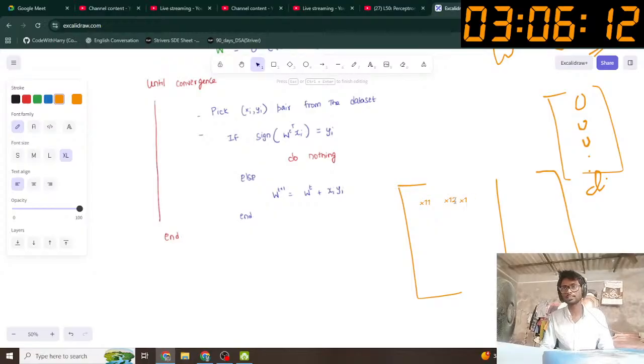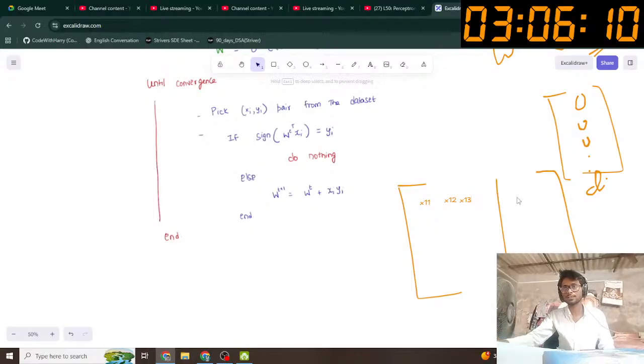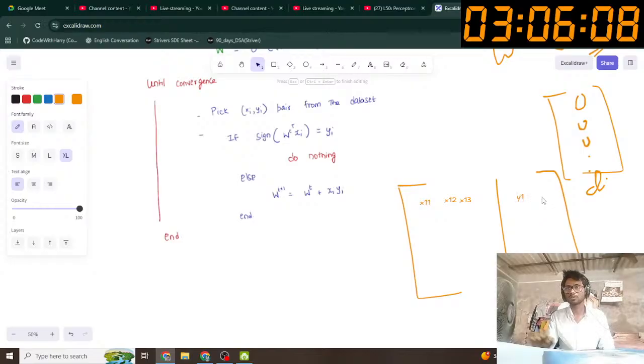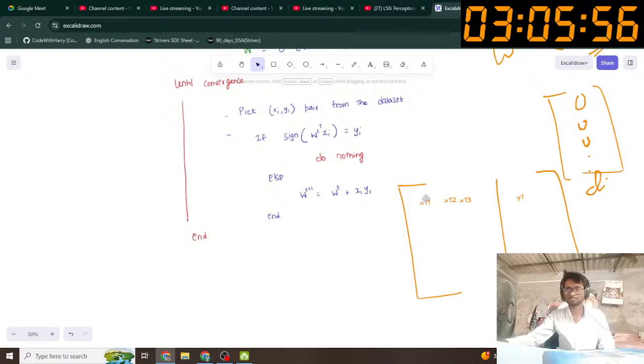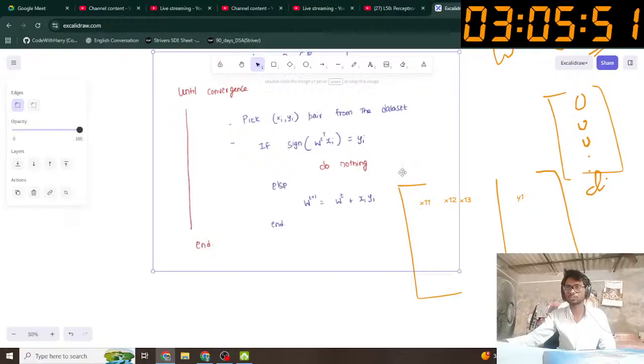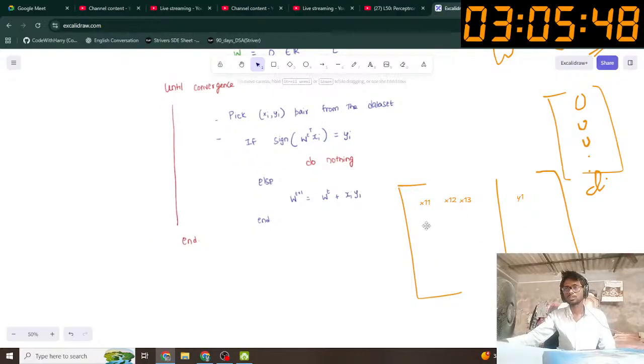Let's say that d is equal to 3, and we have y1. In this example, the first number reflects the instance number, and the later number, the second dimension, represents which feature we are talking about.